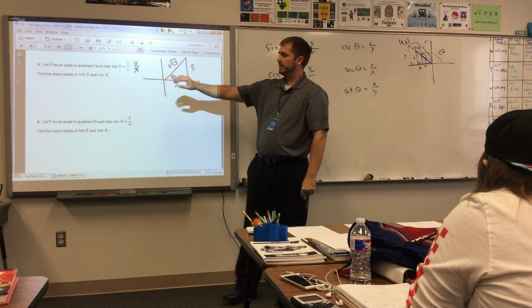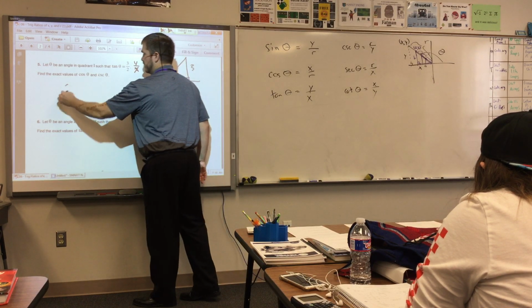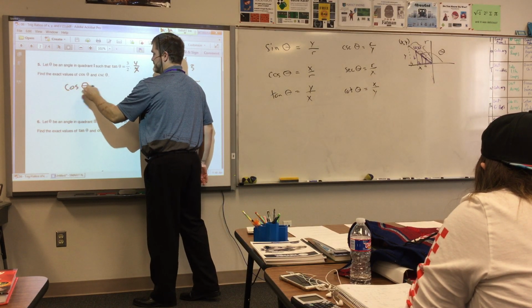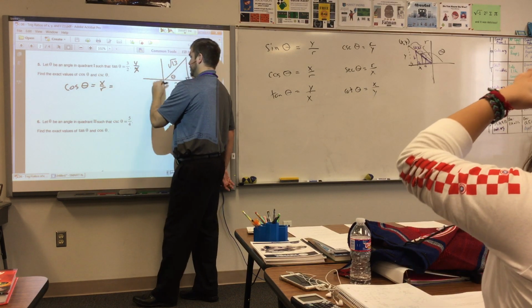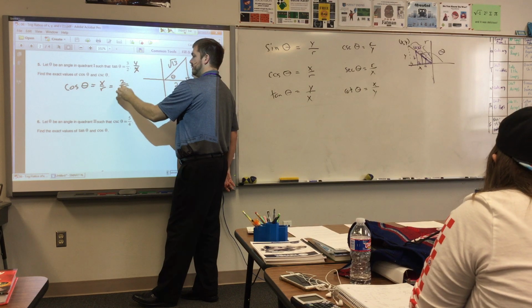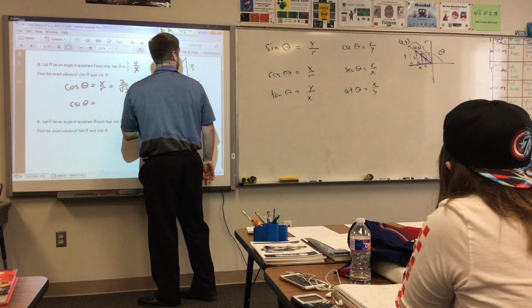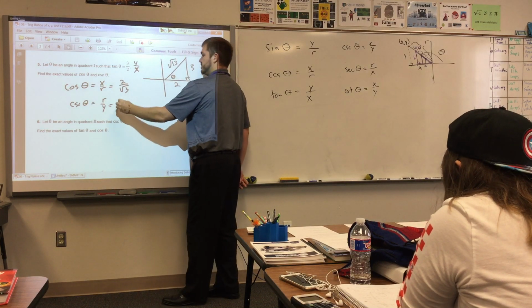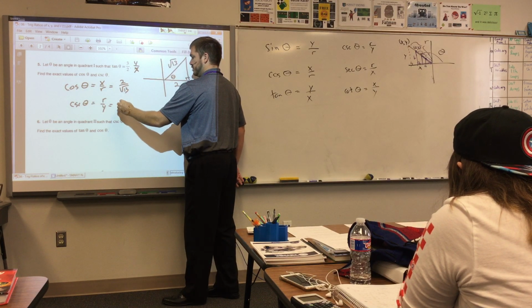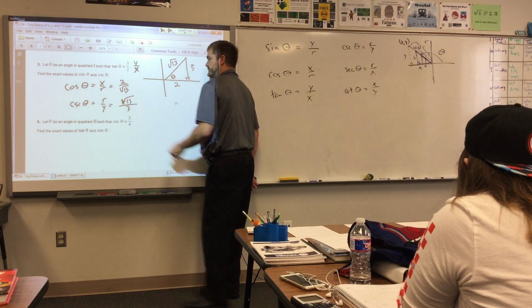And then we can go through here and just find cosine and cosecant, no problem. Writing the formula down, cosine of theta, x over r. So 2 over square root of 13. Cosecant theta, r over y. So square root of 13 over 3.